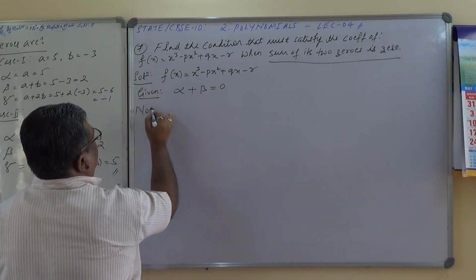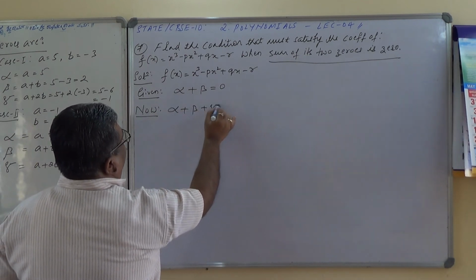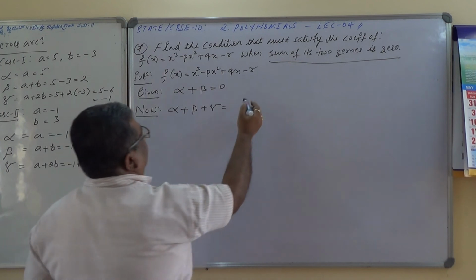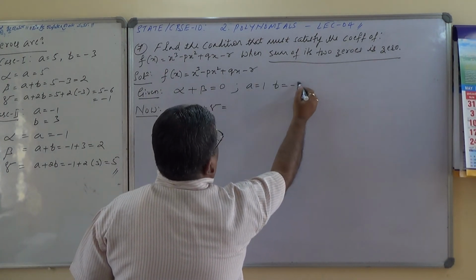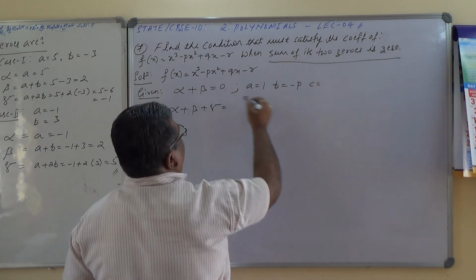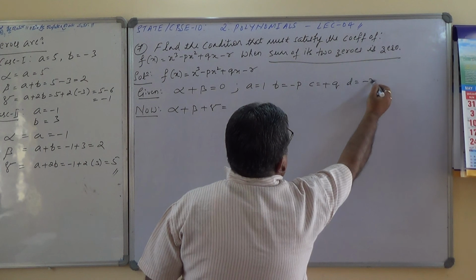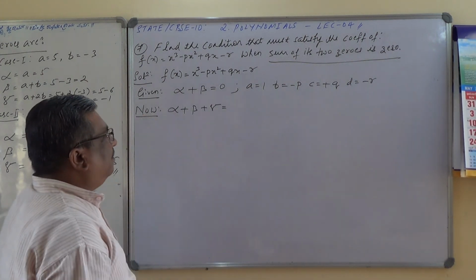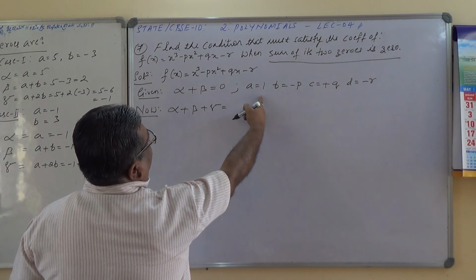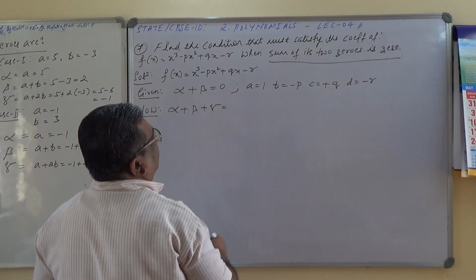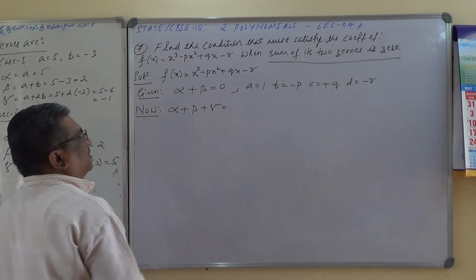Now alpha plus beta plus gamma equals, let me populate the values. A is 1, B is minus P, C equals plus Q and D equals minus R, so that it is easier for me to substitute: 1, minus P, plus Q, minus R, because all these are the values of coefficients.